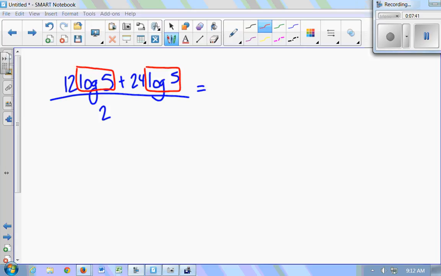So that would be like if I had written 12x plus 24x, right? You could combine them into one first. So you could say, well, that's the same thing as 36 times the log of 5 and divide by 2, which would give you 18 log 5. Right? You can treat the logarithm as though it's sort of its own term, like an x or a y or something.